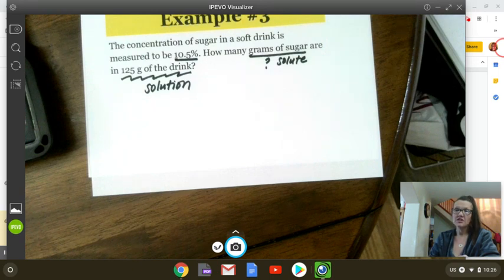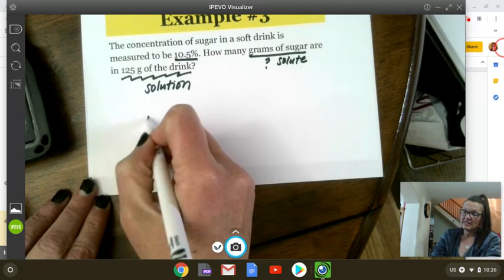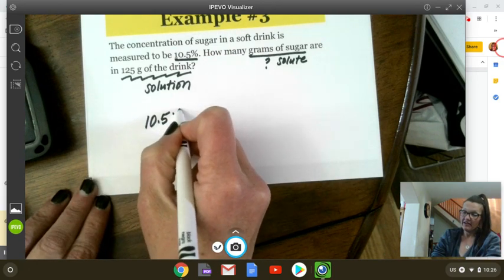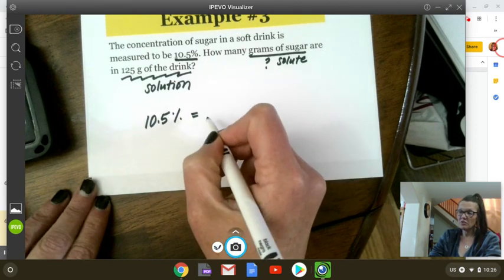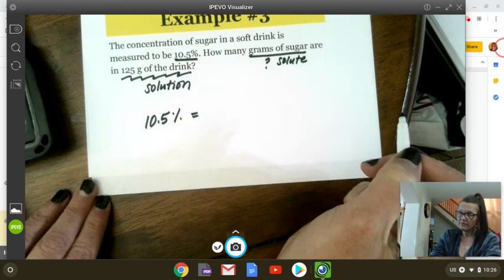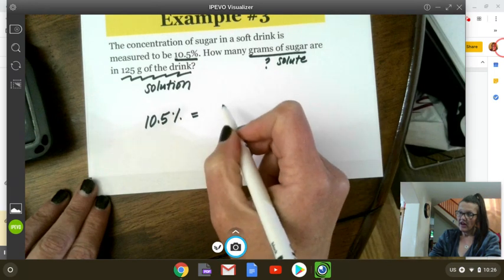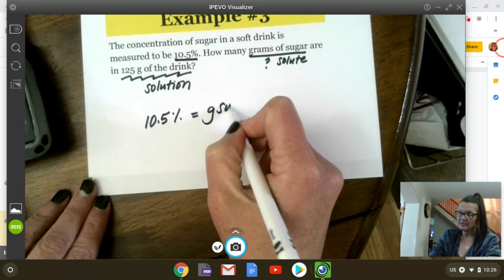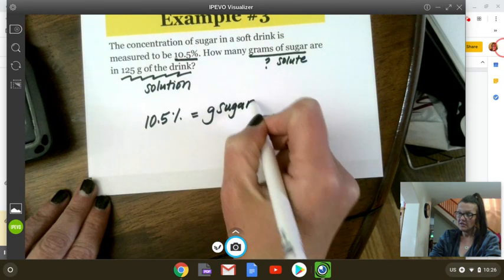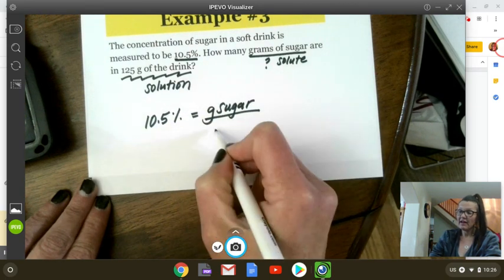Okay? So we're going to plug everything into that equation for calculating mass percent. We know that the percentage is 10.5. And we know that that is equal to the mass of the sugar, which we don't know, so the grams of the sugar divided by the grams of the solution.